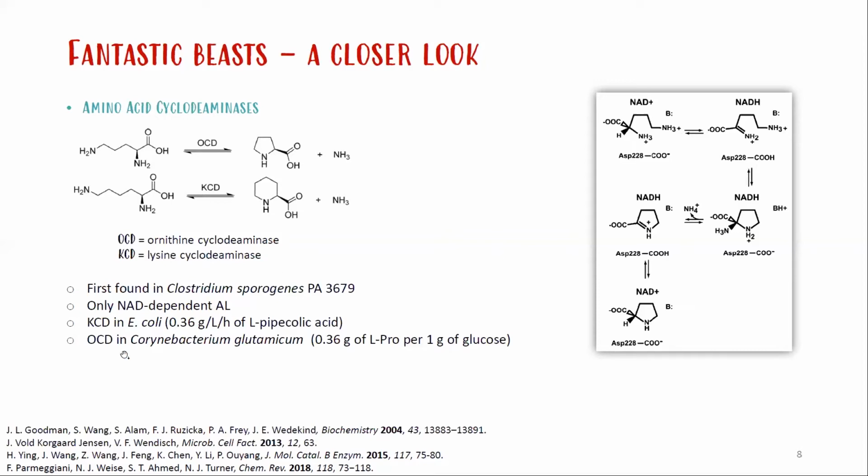As we can see, there are reports of a space-time yield of 0.36 grams per liter per hour, which is not so bad for the lysine cyclodeaminase, and also for ornithine cyclodeaminase, there have been some similar studies.